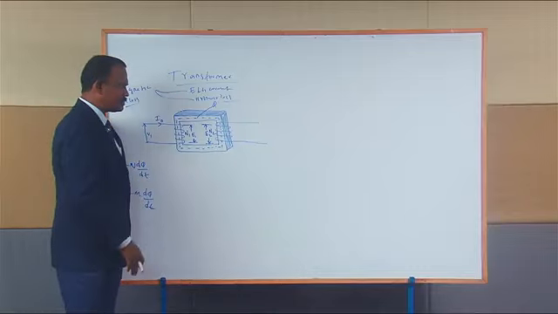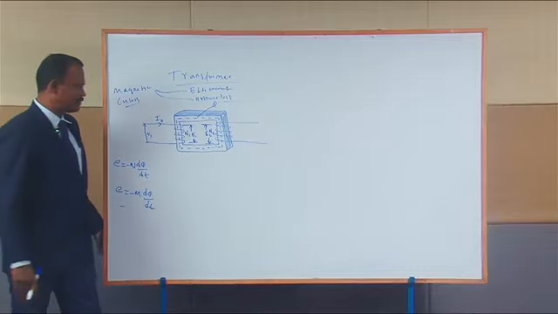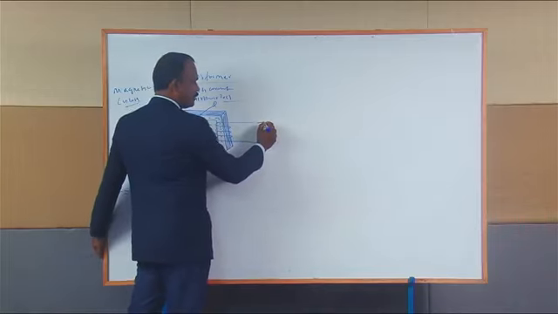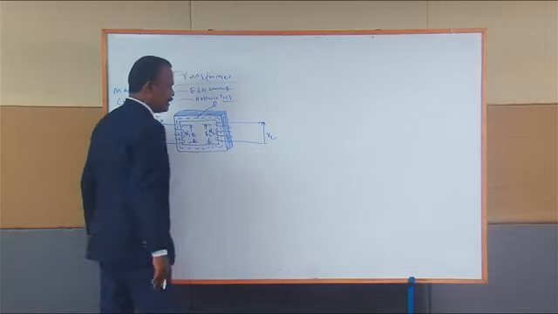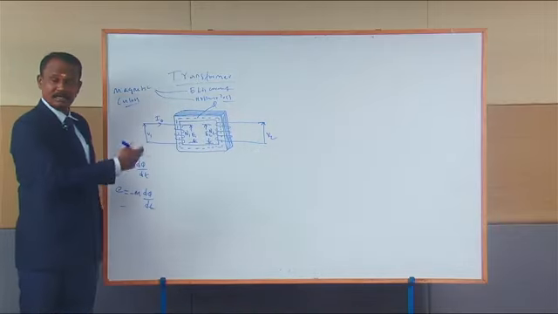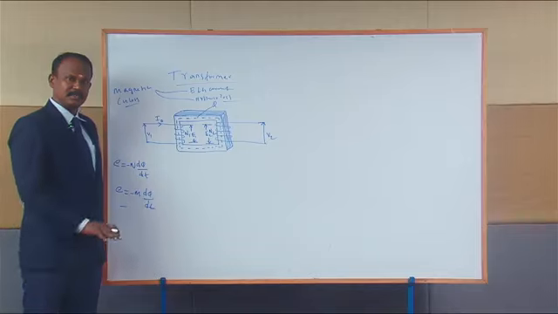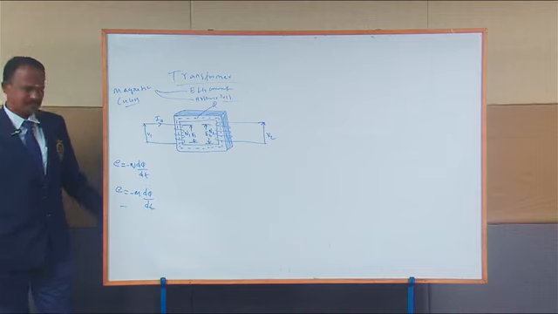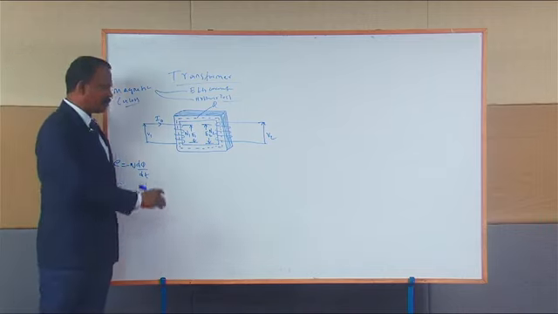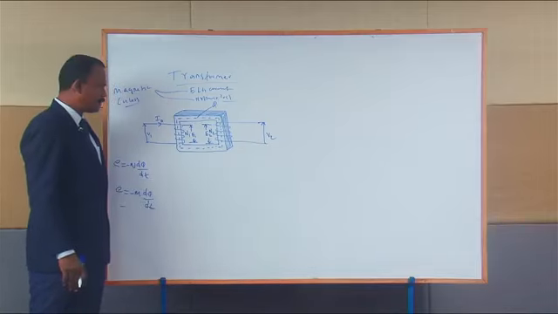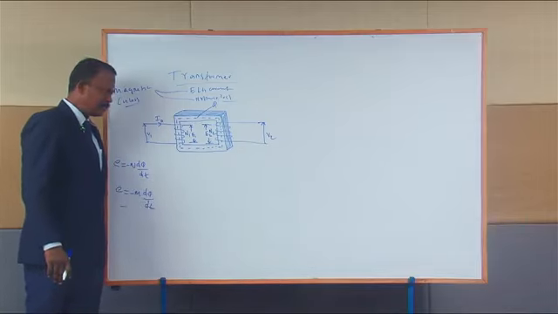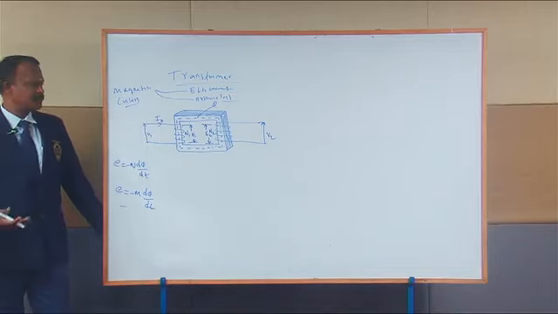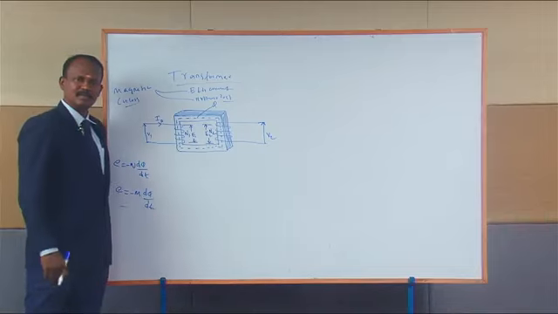I told you there is no load connected in the secondary of the transformer, so whatever voltage is induced here, E2, will be available as the terminal voltage V2. There is no current in the secondary winding since it is not connected to a load, but the induced EMF E2 is equal to V2. So this is what happens when you apply the input voltage to the primary of the transformer. We have induced EMF in both the primary coil and the secondary coil.